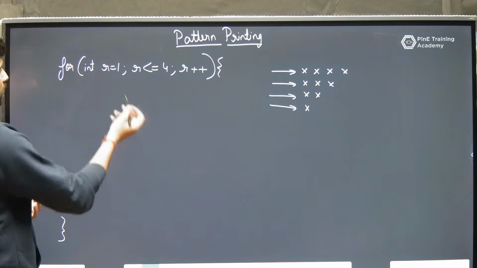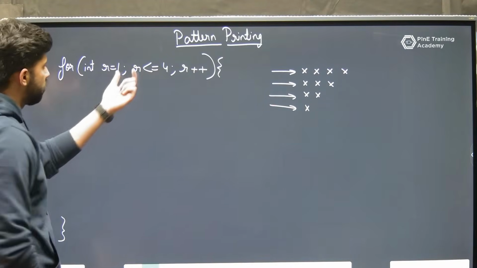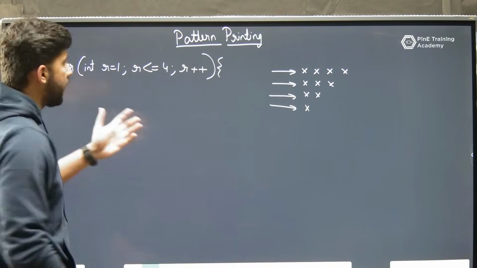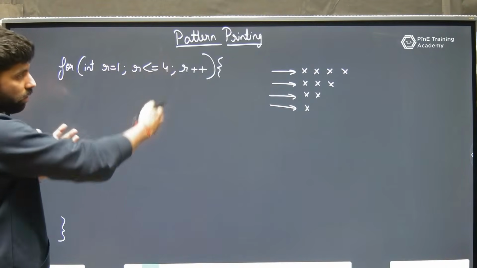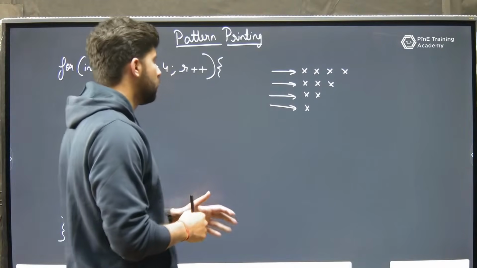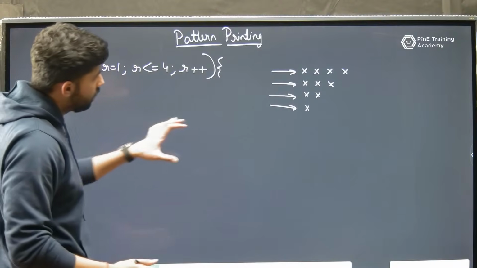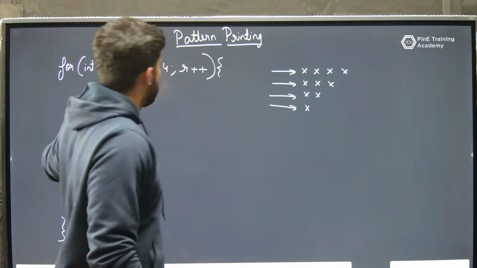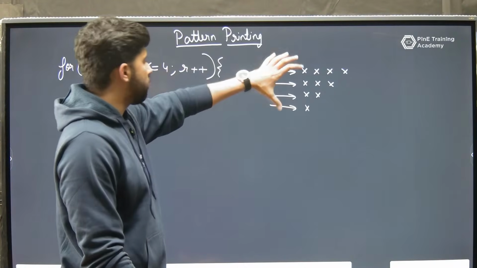I showed in the previous class, I can start from 0 and use r less than 4, or I can start from 4 and go till 1. So there are multiple ways to run a loop a certain number of times. Okay, so we have written the loop for the number of rows. We have 4 rows.